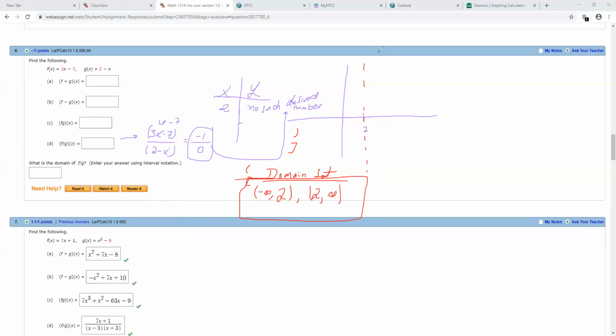Any questions here? Actually, for D, the answer would be -1/0. Oh, good question. So it depends.